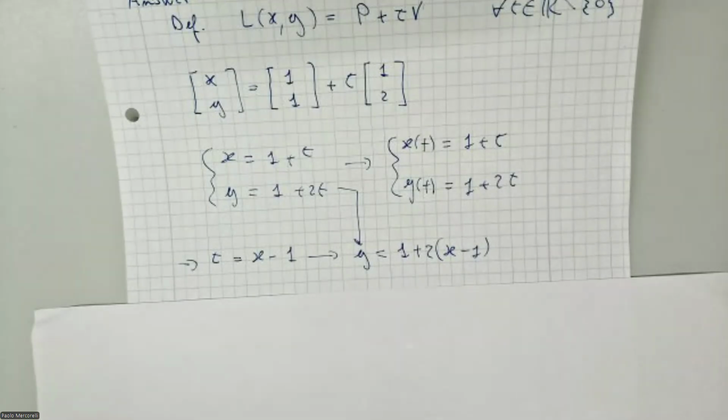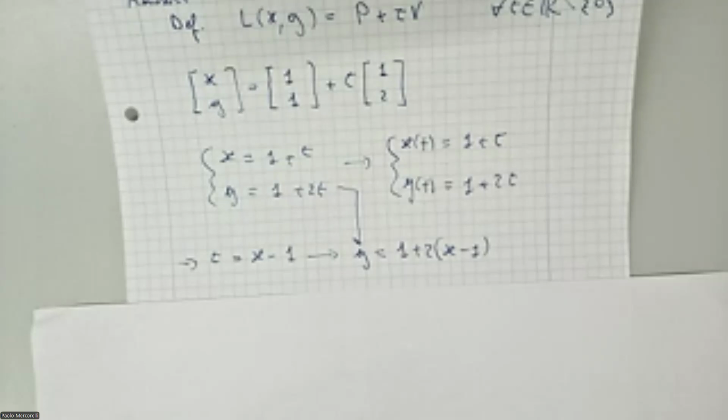But the question was to calculate the line. This means it doesn't matter with which velocity I am moving in terms of x, in terms of y. I would like to see the set where I am moving, independently of the time. I'm traveling from here to Hanover.